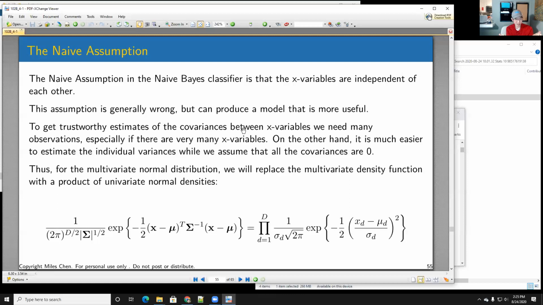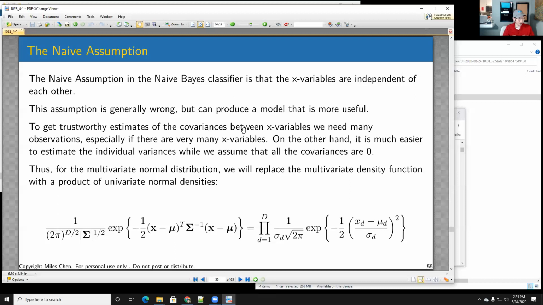Whereas politics and government will have a higher covariance. Certain words are more likely to appear together. Politics and stars, or politics and galaxies, probably lower covariance, right?